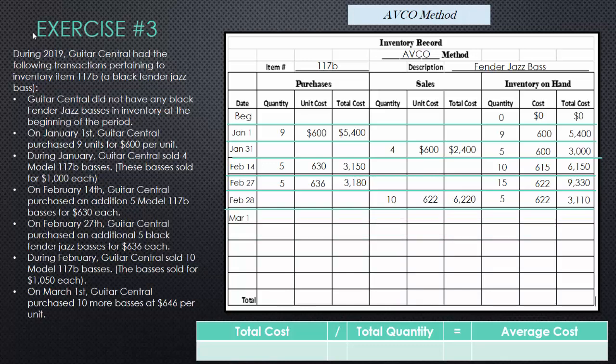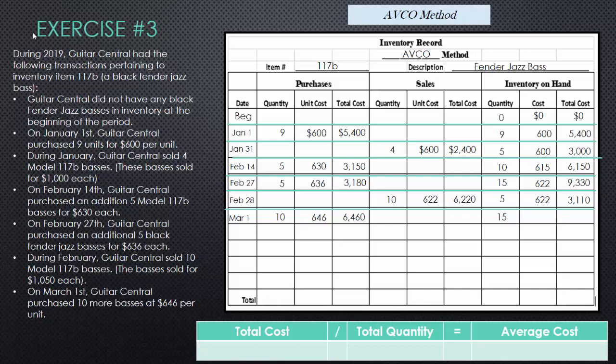Then on March 1st, we're going to make another purchase, and we're going to buy 10 bases. They cost $646 a piece, which means our total cost of this purchase is $6,460. Well, we had 5, we bought 10, now we have 15 Model 117B Fender Jazz basses in inventory. Our total cost beforehand was $3,110.